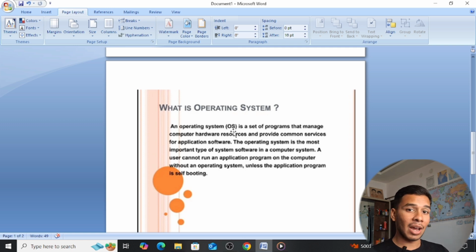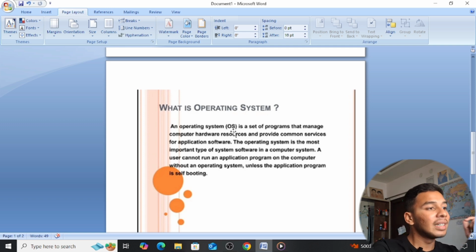I am giving the high level language to an operating system, and it consists of a set of programs, many programs. It manages and transcribes your language into machine language and then provides it to the CPU component, which is a hardware component of the computer. So basically you can understand here the operating system is the most important type of system software in a computer system.